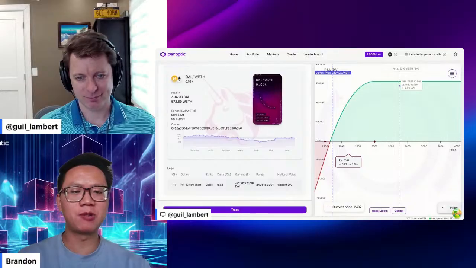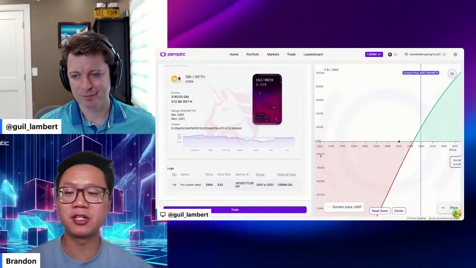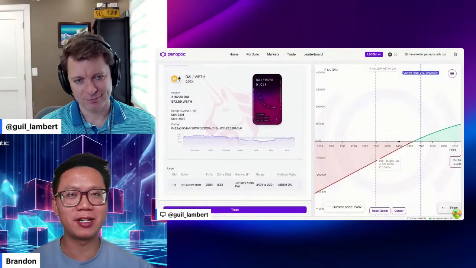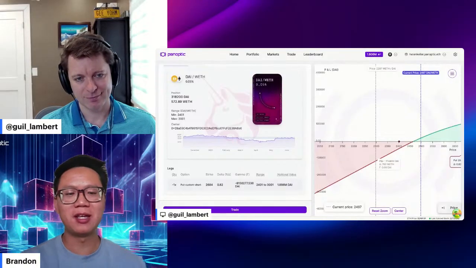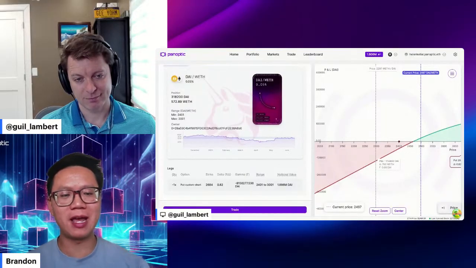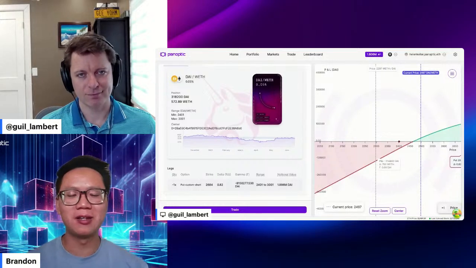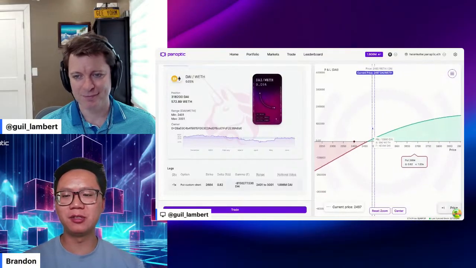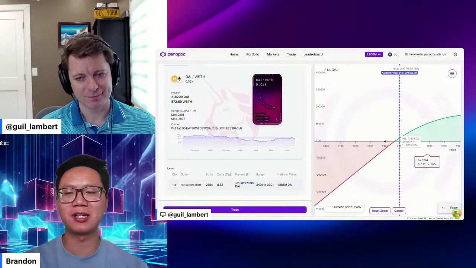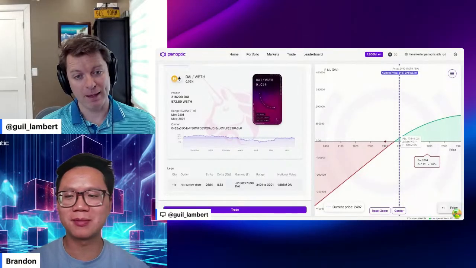Whereas when the price massively collapses on the left side and your position is completely in ETH, your delta there in percent terms is negative 100%, which means as the price drops, you're losing the full amount of the drop. And anywhere in between, where the delta is 82% or 50% or somewhere between 0 and 100, it means that as the price drops, you lose money, but you don't lose 100% of that price drop. You just lose a part of the price drop. Is that how you would interpret it?